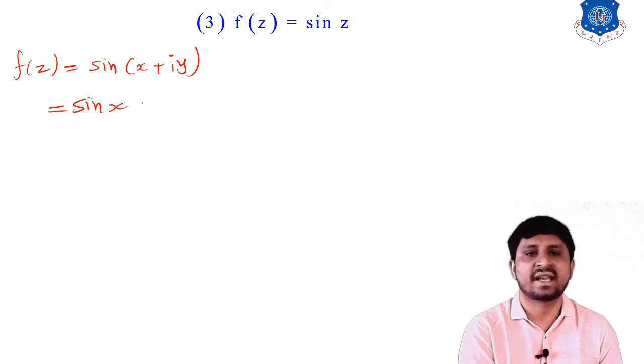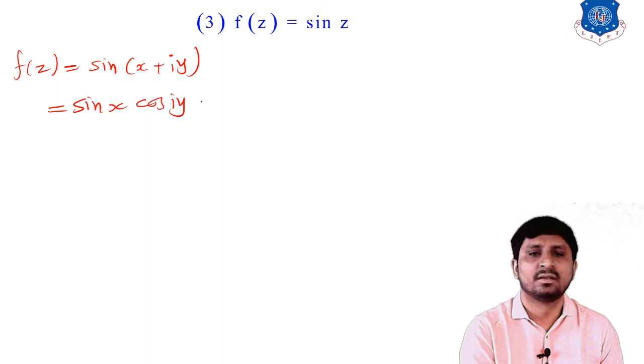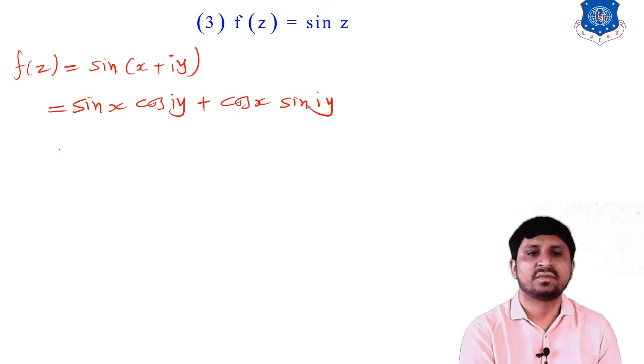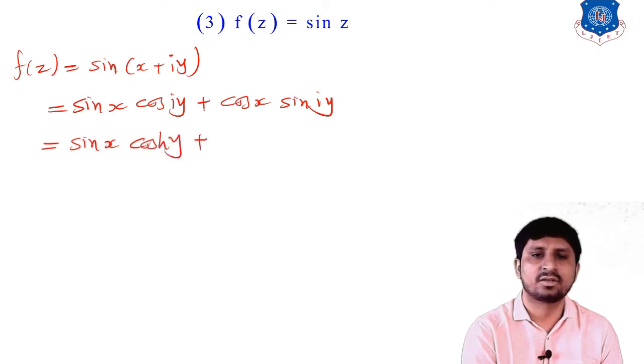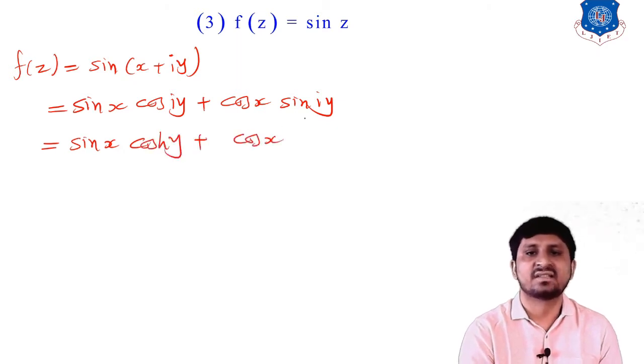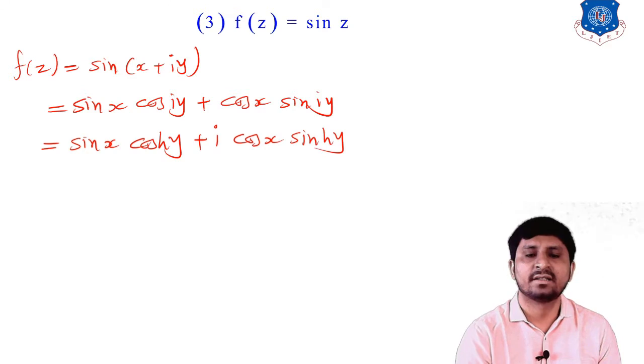So we write sin x cos iy plus cos x sin iy, and now cos iy can be written as cos hyperbolic y, plus cos x sin iy, which can be written as i sin hyperbolic y.